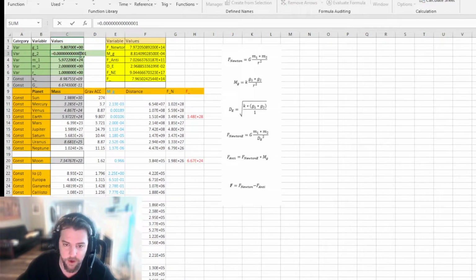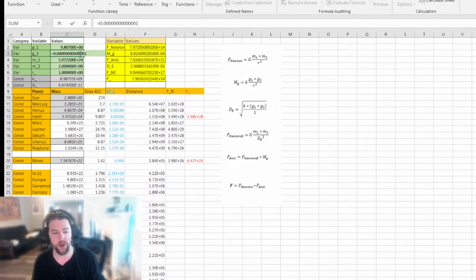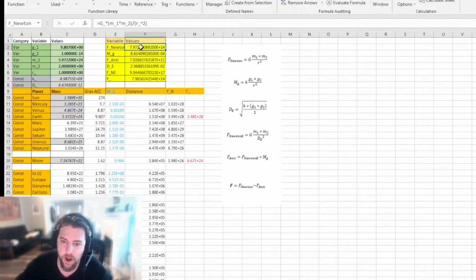Then we have the gravitational acceleration field that this object is going to be creating. It's just a kilogram ball or whatever. It's going to be minute, negligible, almost completely zero. When we do that, this is our Newton's gravity that's calculated, and here is the total gravity calculated.